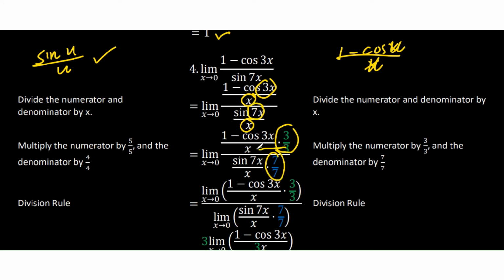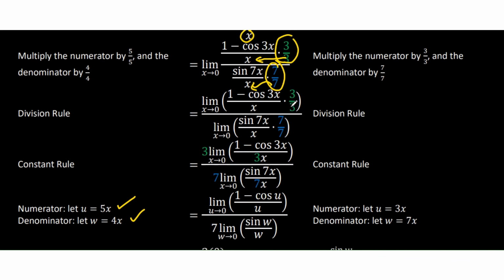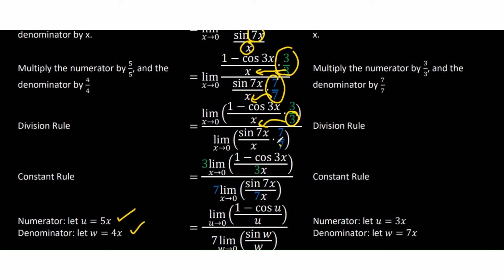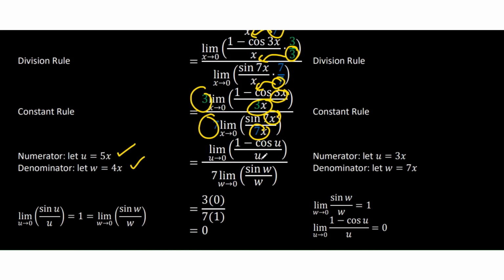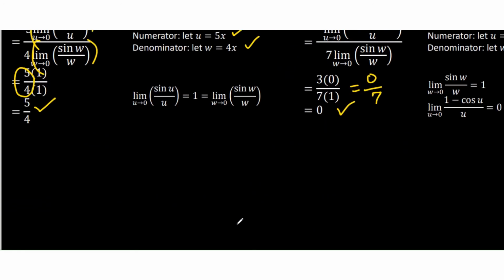Now share 3, denominator, share 7, denominator. So after having that, you see, now separate the constants. And as observed, they are the same now. Okay, now substitute. Since 1 minus cosine u over u is 0, so the numerator is 0, while the denominator is 7, so 0 over 7 is 0.